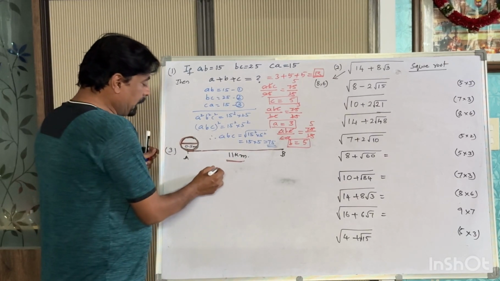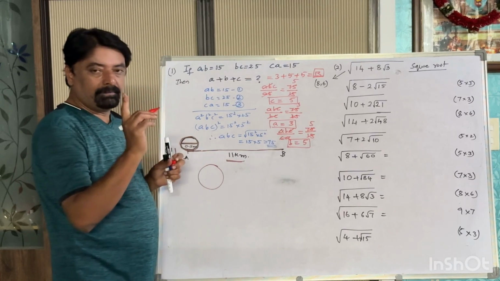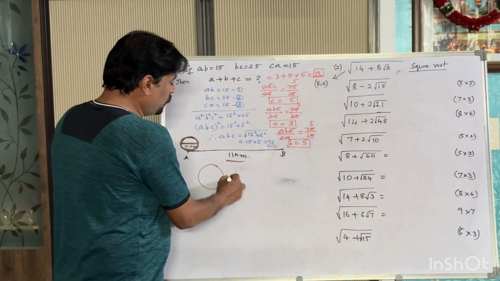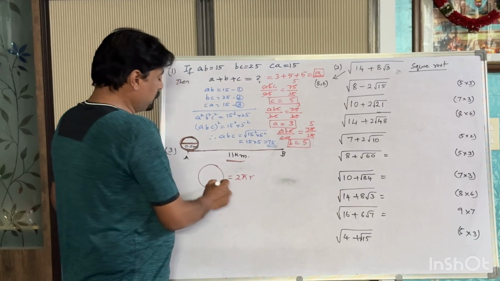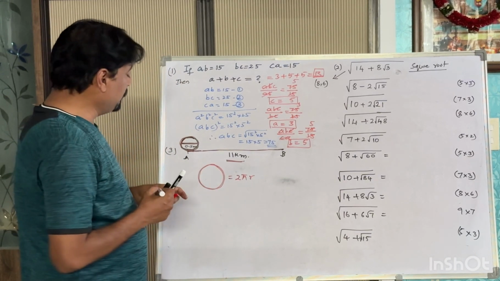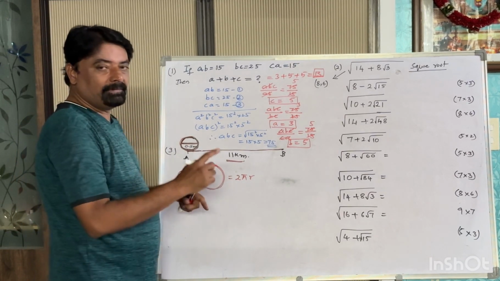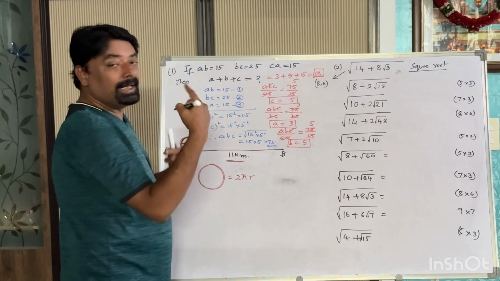Firstly, students should know that the distance traveled by a wheel in one revolution is equal to 2 pi r. This is nothing but the circumference of the circle, which shows that it will travel that much distance in one revolution.